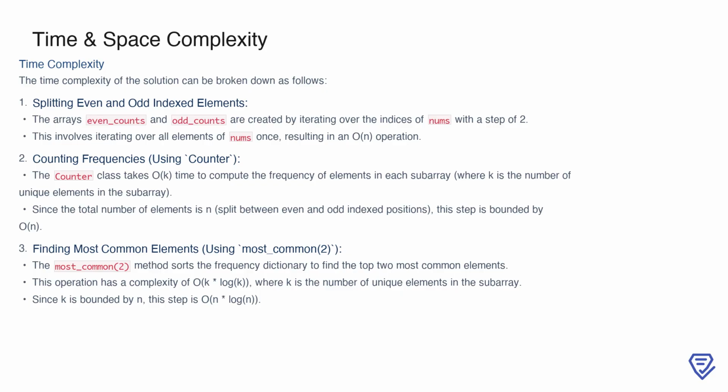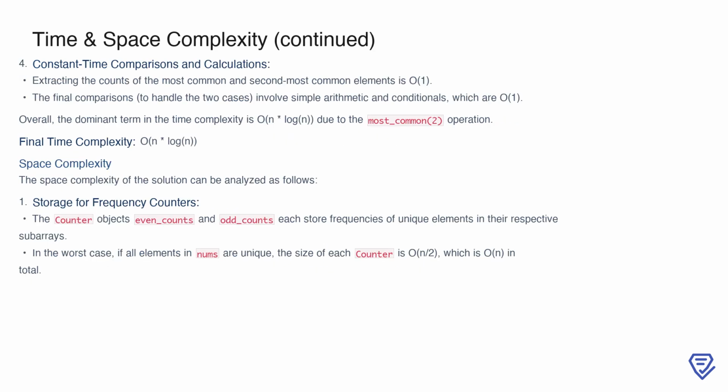Finally, to determine the two most common elements in each subarray, we use the most_common(2) method. This involves sorting the frequency dictionary to find the top two elements, which has a complexity of k log k. Since k, the number of unique elements, is at most n, this step is n log n. Now, moving on to the constant time operations in our solution.